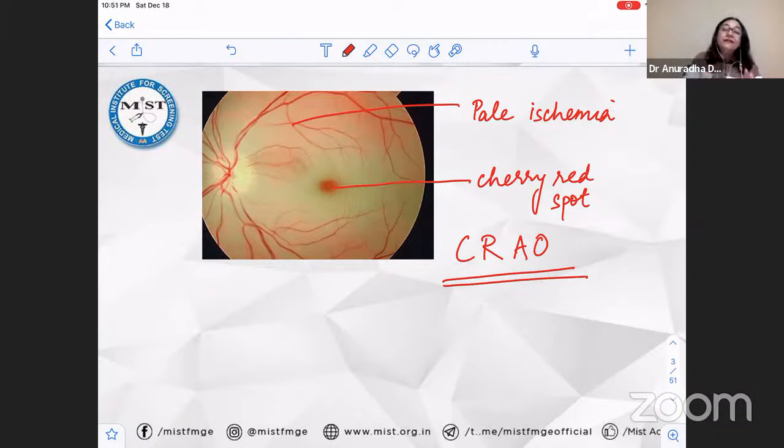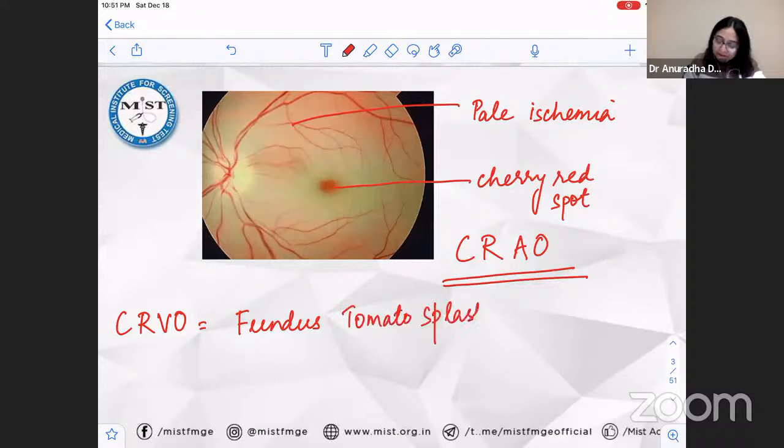Why is it not CRVO, or central retinal vein occlusion? Because in central retinal vein occlusion, the fundus is splattered with hemorrhages. There are multiple retinal hemorrhages, what we call the tomato splash appearance.